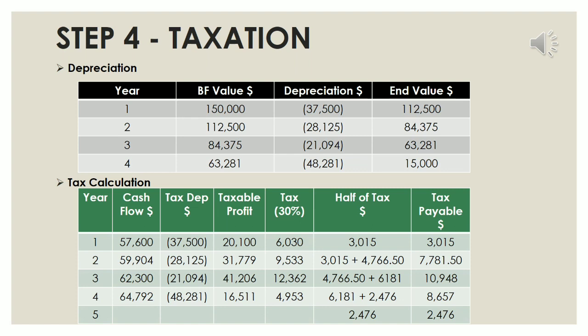This derives from the fact that we have paid half of the 30% taxation in the 4th year, which means we have paid only $2,476, which is half of $4,953. The other half of that $4,953 will be paid in the 5th year. That transaction will occur in the 5th year.